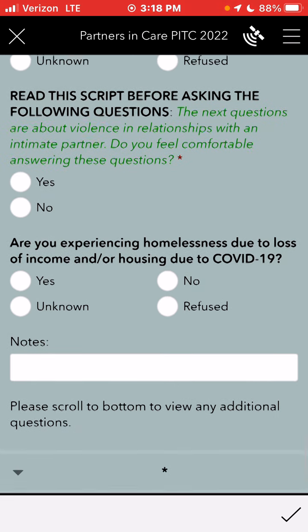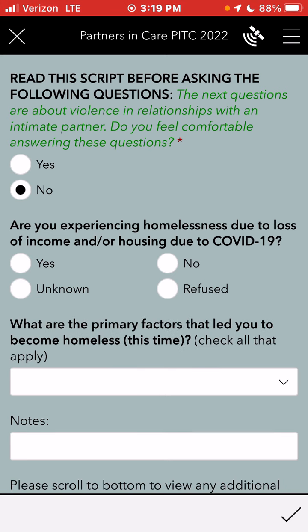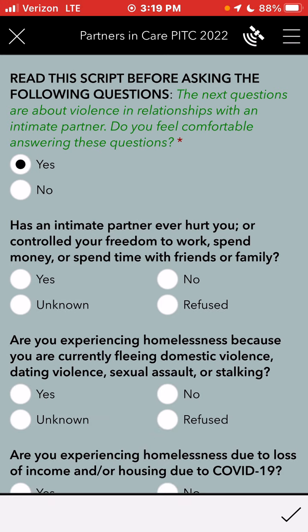The next section has an additional script that you want to read. It says, the next questions are about violence in relationships with an intimate partner. Do you feel comfortable answering these questions? If they say no, you will press no and then move on. If they say yes, 2 additional questions will pop up.